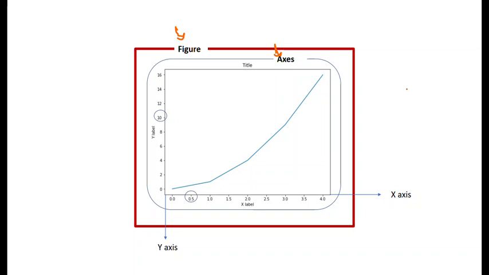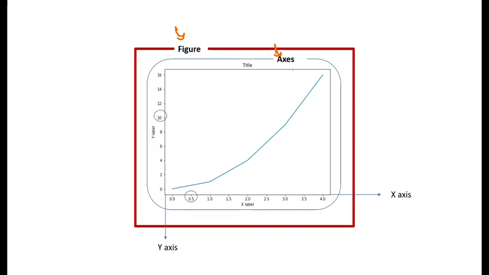The axis object simply represents the plot along with its underlying components. Okay, and please make sure not to confuse the term axis with the plural of the term axis. Axis here simply represents the whole plot, not the plural of the term axis.